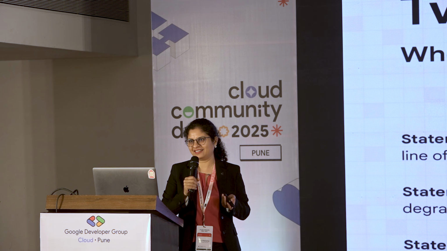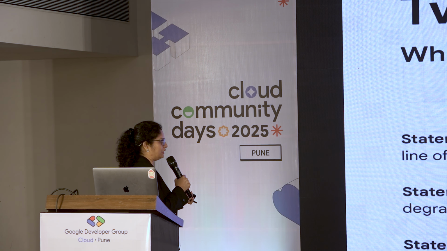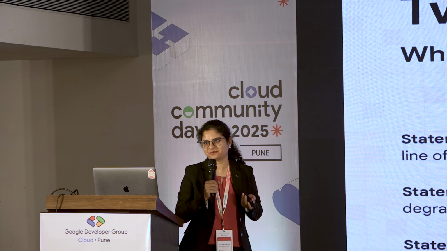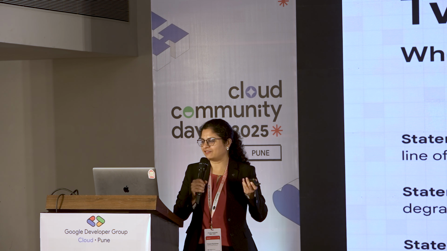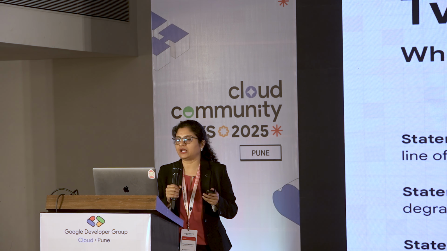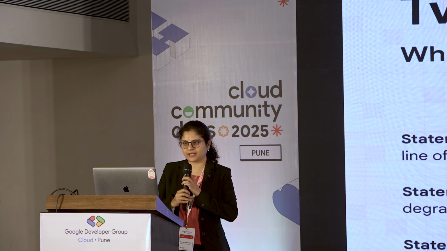Truth or a lie? Truth. And the third one: Vertex AI Model Garden only provides access to Google's proprietary AI models like Gemini and Imagen. It's a lie. Why? Because Model Garden also provides third-party and open source models in Vertex AI.